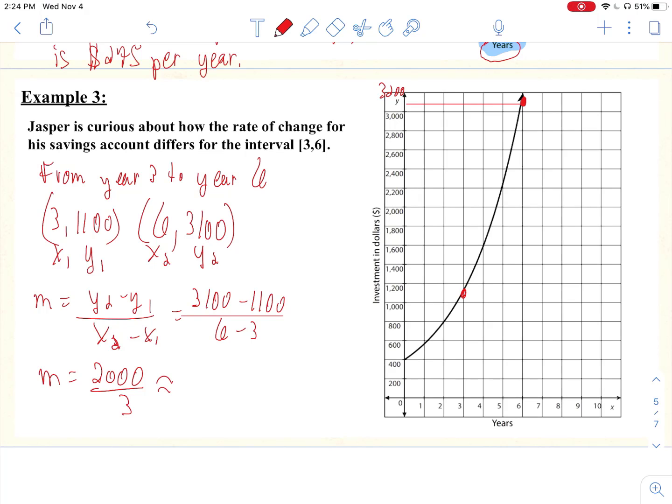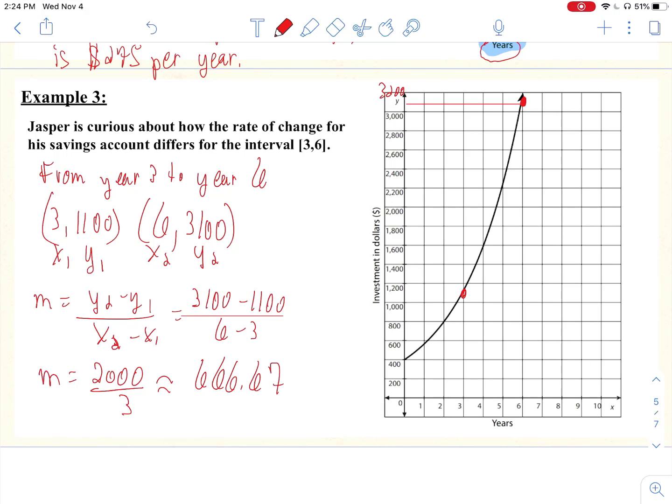So I'm going to use my approximation symbol because we're going to round here. 666.666, I want to round to the second decimal place. So this 6 is going to make this 6 become a 7. So I'm going to erase these. I'm going to put 666.67.